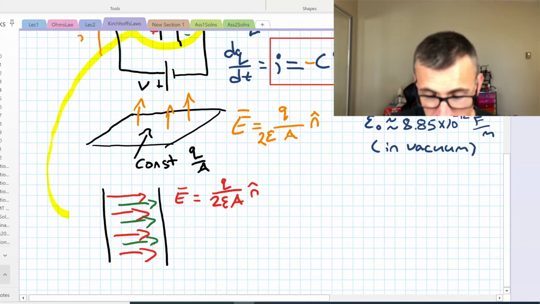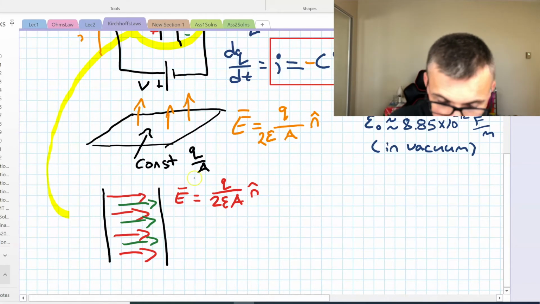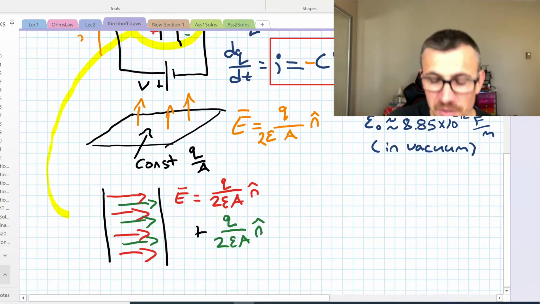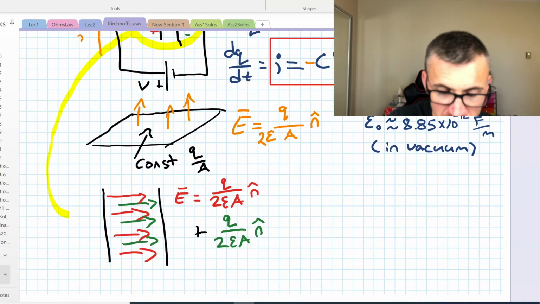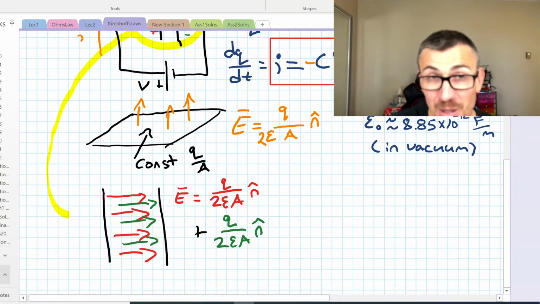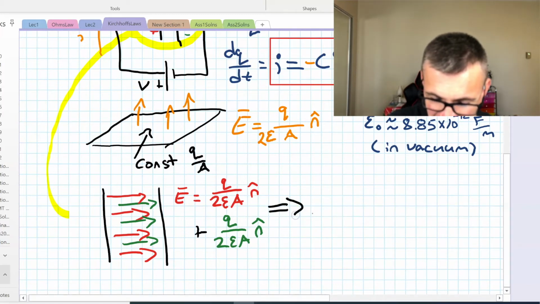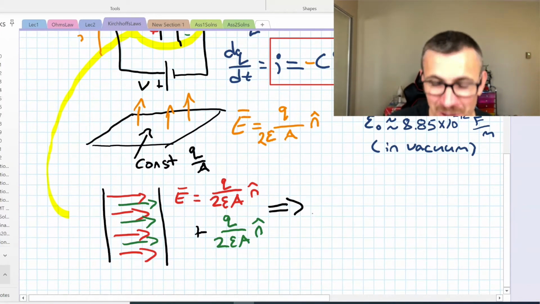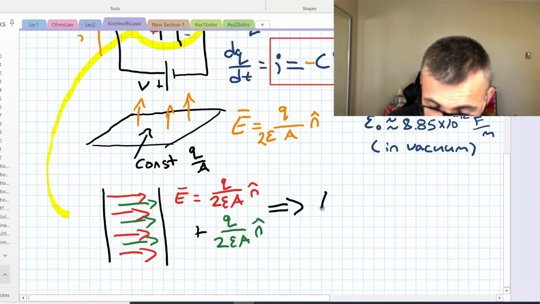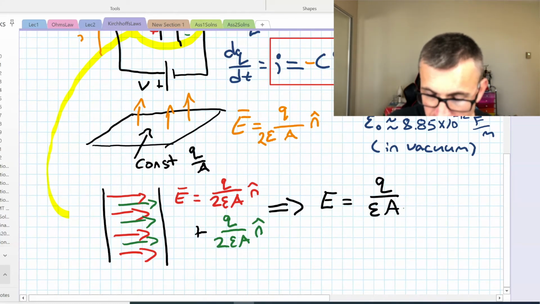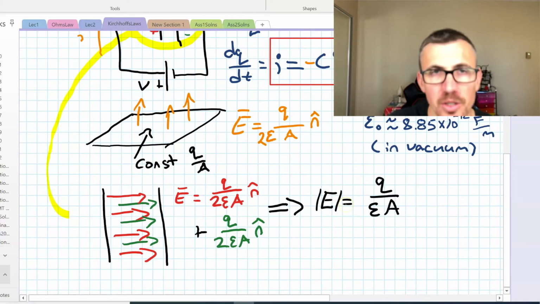It's pointing the other way, but the charges are negative, so we're going to have the same field, and we basically double that value. Psychologically, I subliminally removed the 2 because I knew I was going to double it in the end. That is a flaw when you're thinking and talking at the same time, so I apologize. But the electric field we get is equal to Q over epsilon A, the magnitude of it. We know which direction it's pointing.